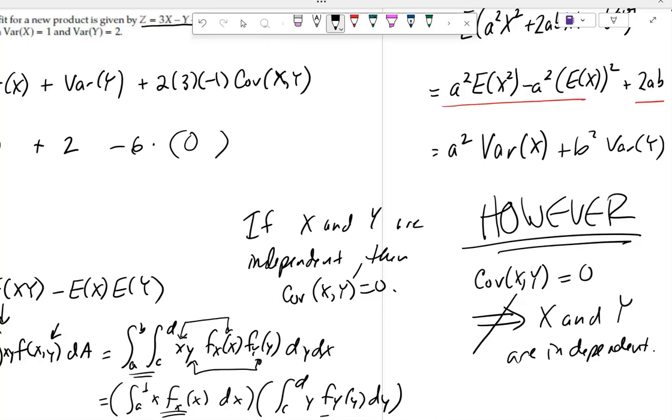Covariance is, again, kind of a measure of linear relationship.